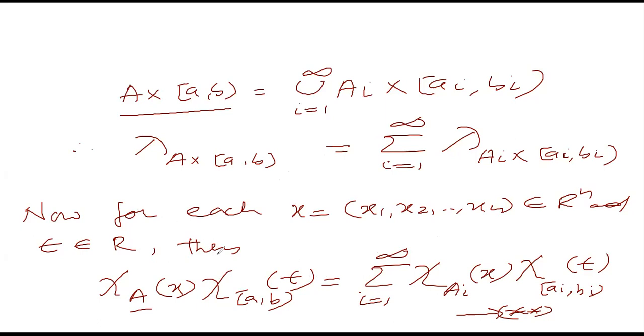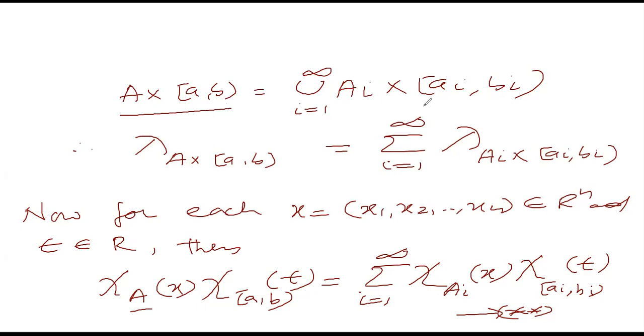But when either x is not in a or t is not in ab, it means that x comma t is not in a cross ab. So x comma t cannot be in the union, because a cross ab is equal to the union. It means that x comma t is not in any ai cross ai comma bi.